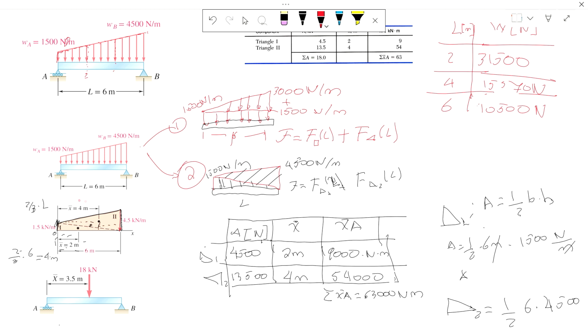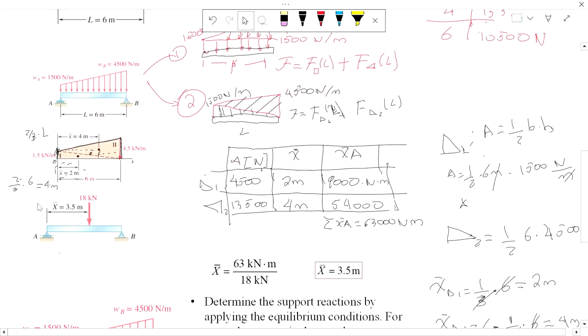But if you want to have the whole force, what you need to do is what we just did, the region of the first area and the second area combined, which is right here. Okay, so now that we have that, we can actually compute the center and the total force. All right, so the total force is, actually is right here.